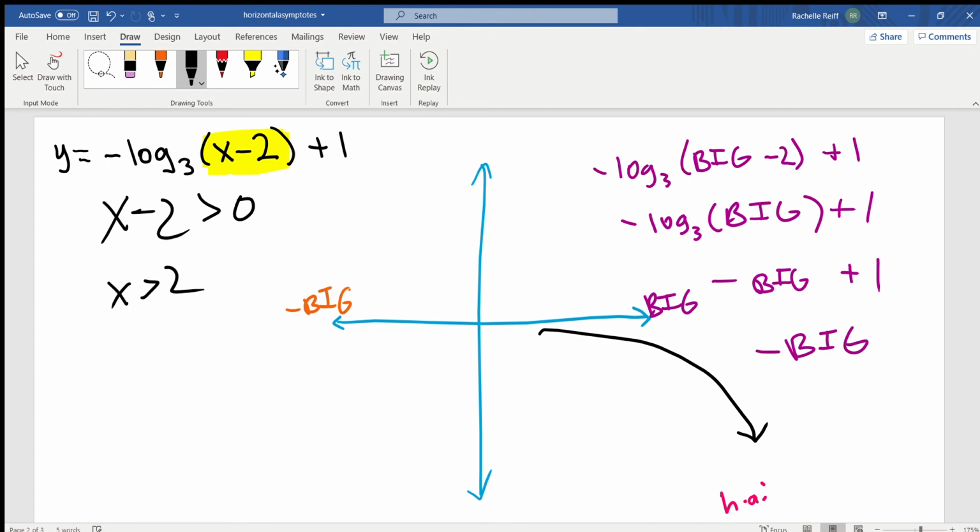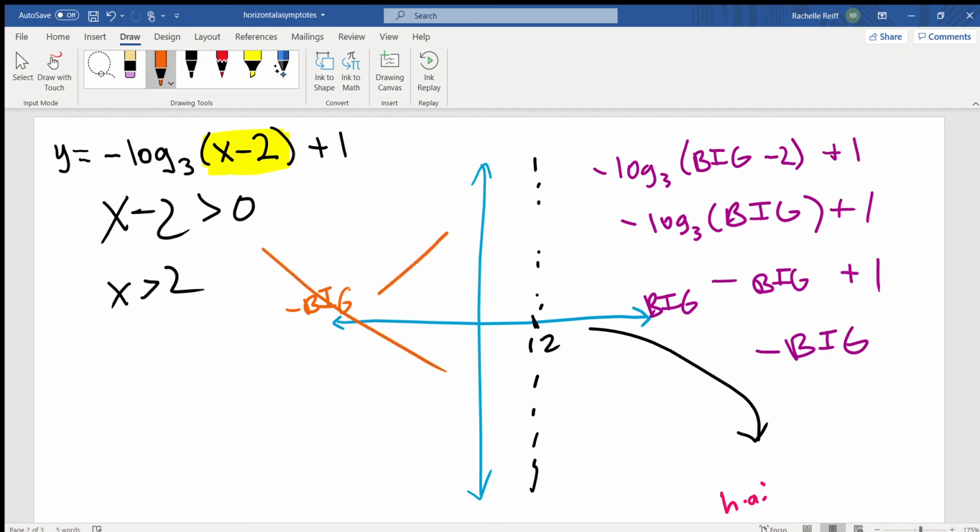So as you can see, my domain, the things I can plug in for x, are only things greater than 2.